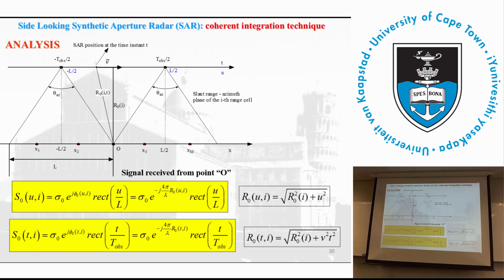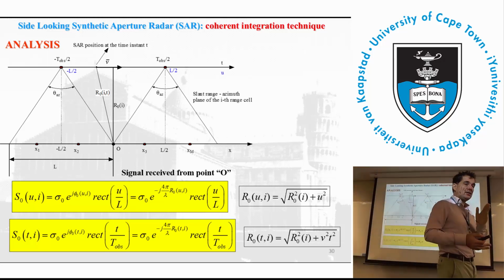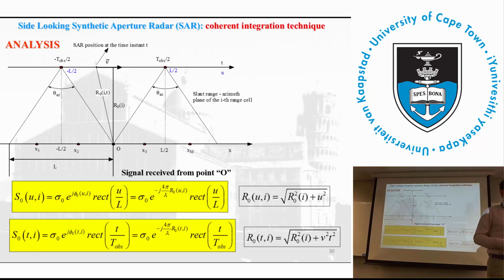You can also write the same signal model as a function of time. Time and space here are related. Particularly, u, which is the space coordinate, is equal to v, the velocity, times t. That platform moves with a certain velocity, so at a certain time, I will be in a given position.